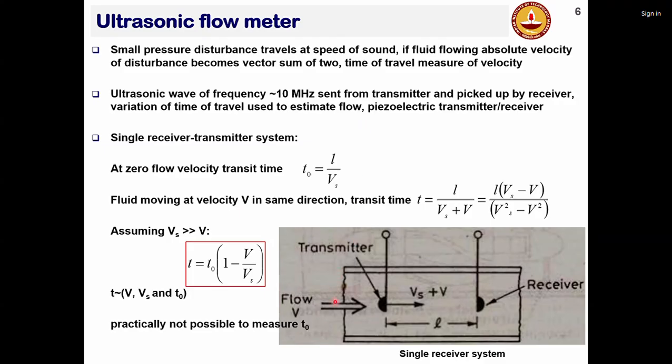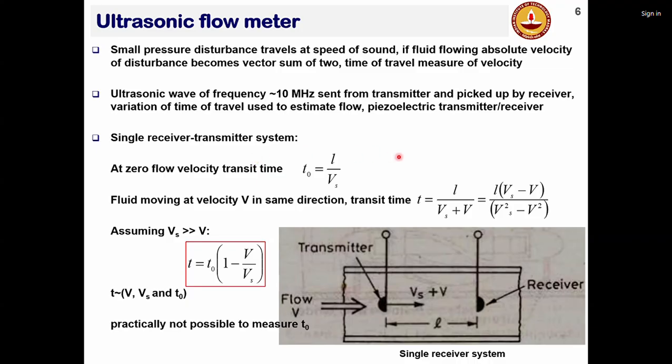So these pressure waves basically are sound waves, and they can travel at the speed of sound. And if the fluid is flowing, then depending on the direction of the fluid flow, the net velocity of the sound will either increase or decrease depending on the relative directions of the sound wave direction and the fluid flow direction.